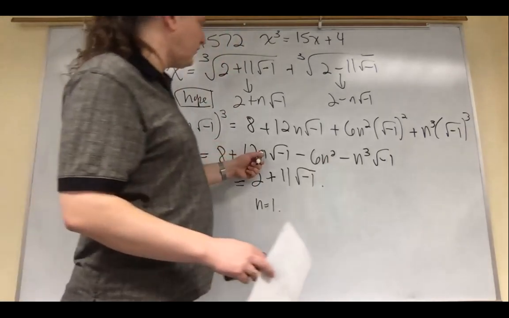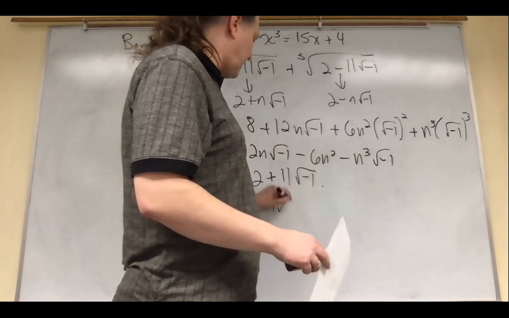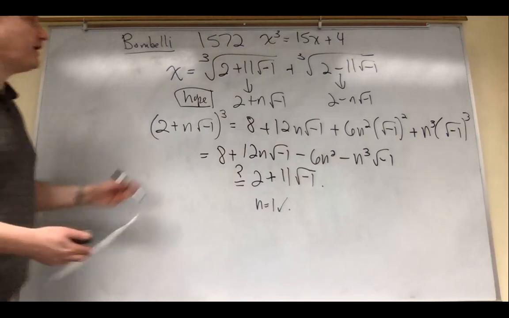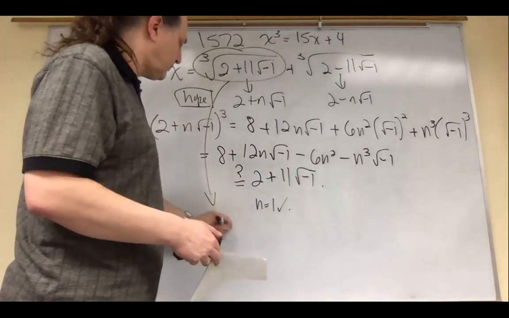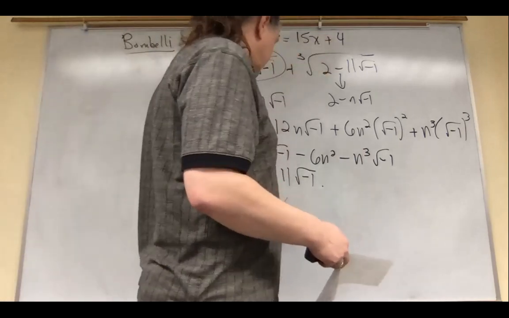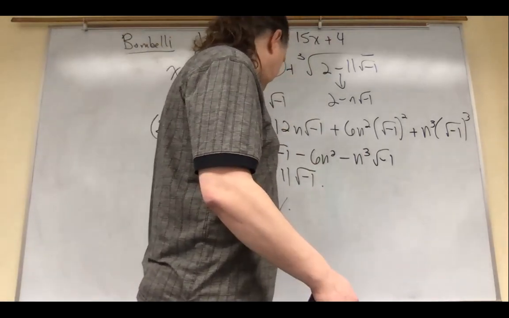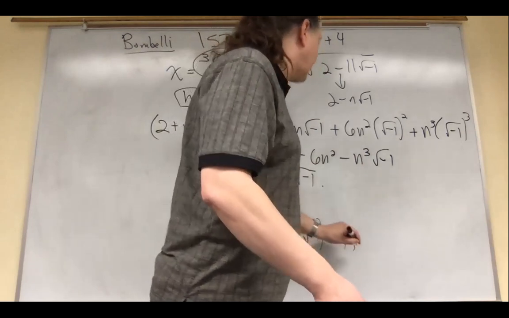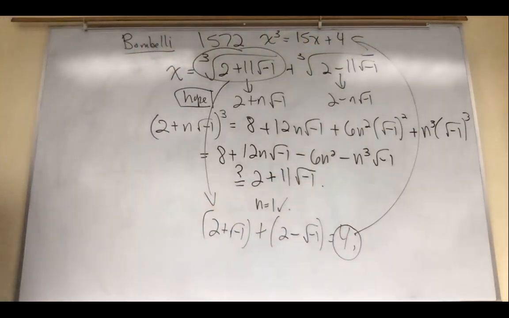And we have 12n minus n cubed. If n is 1, that gives me 11. Hey, this is nice. So Bombelli says, this is great. Apparently, this here equals, in fact, 2 plus the square root of negative 1. And this here equals, in fact, and he goes through the same work, and I'm not going to because it's exactly the same work and it's rather tedious, 2 minus the square root of negative 1. Hey, when I add them together, I get 4, which is, in fact, an answer to the original problem.